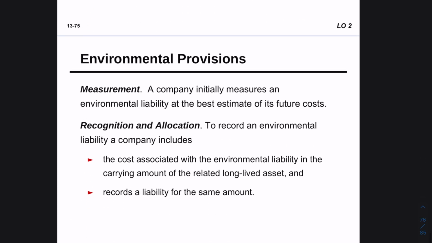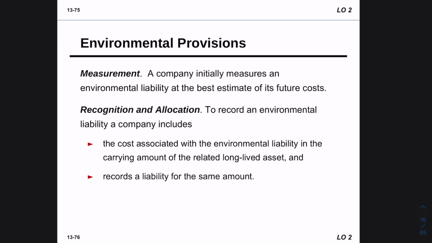For the measurement, a company initially measures an environmental liability at the best estimate of its future cost. For recognition and allocation, to record an environmental liability, a company includes the cost associated with the environmental liability in the carrying amount of the related long-lived asset, and records a liability for the same amount.